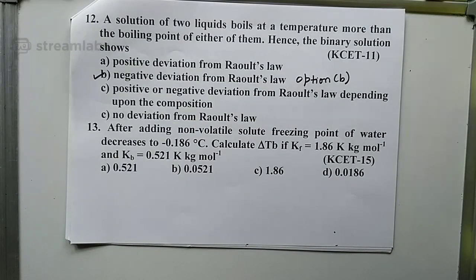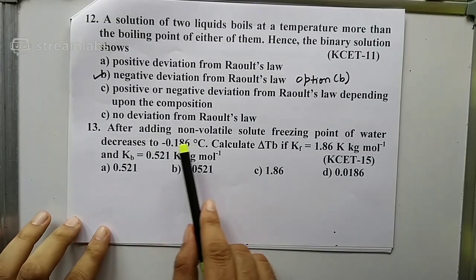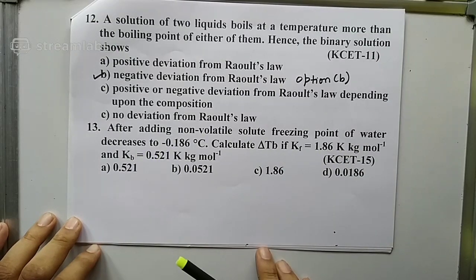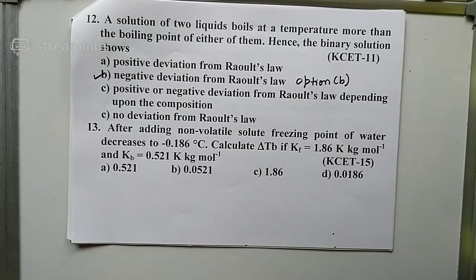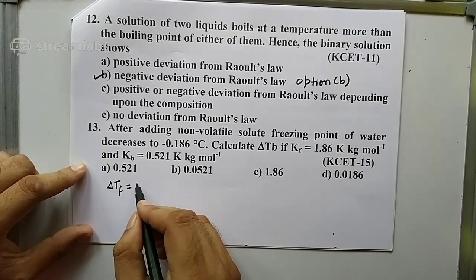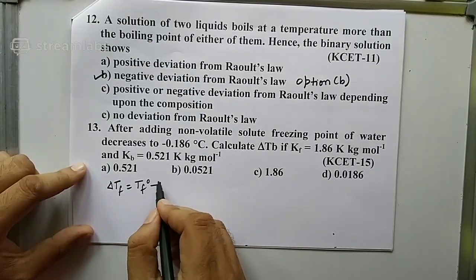Okay. Question number 13. After adding non-volatile solute, freezing point of water decreases to minus 0.186 degrees Celsius. It means that delta TF is equal to TF naught minus TF.